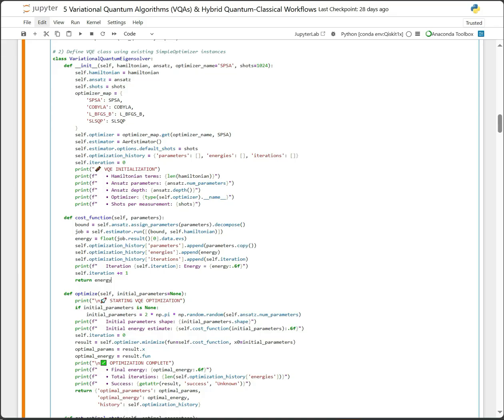The parameters are going to be an array of rotation angles, and you're going to assign the parameters with these angles into our ansatz circuit. The decomposed part breaks down high-level gates into hardware native gates, right? Why decompose in Qiskit?